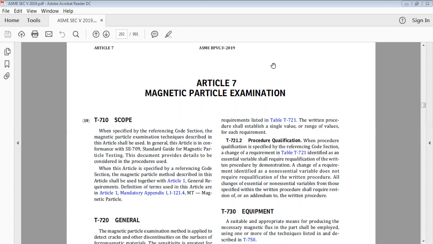There are different articles for different methods, and the article provides guidelines to develop the procedure. As a Level 2, we have to work as per the procedure, not as per the articles, but for study purposes we are going to see the requirements for magnetic particle testing as per ASME Section 5 Article 7.